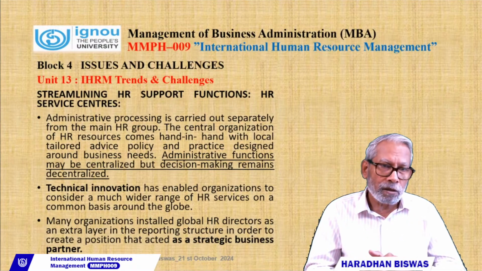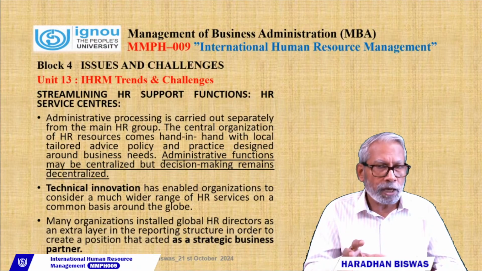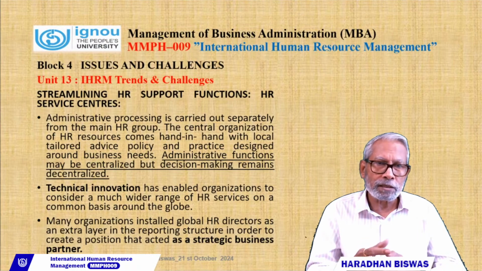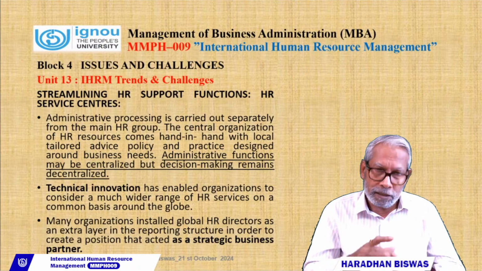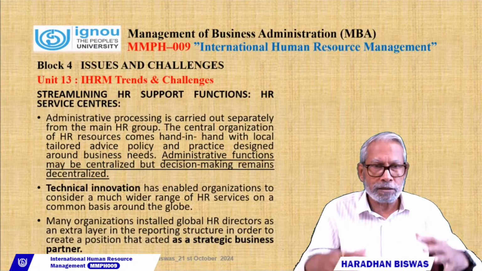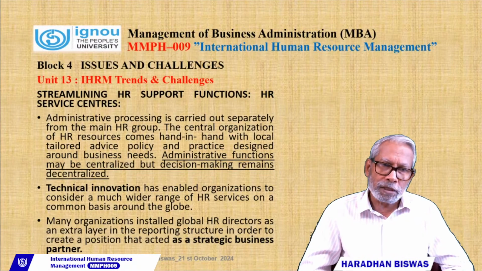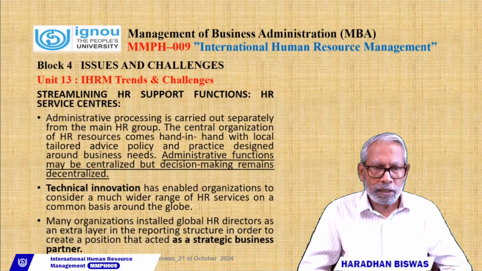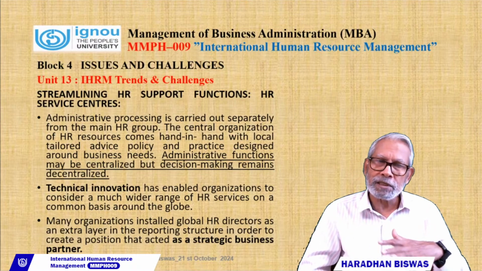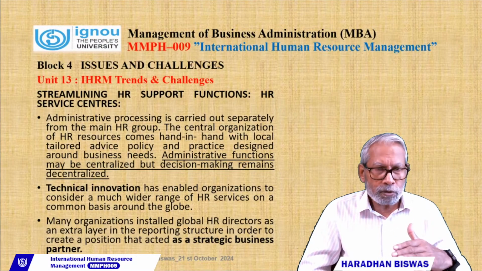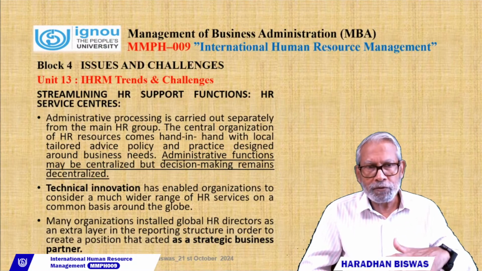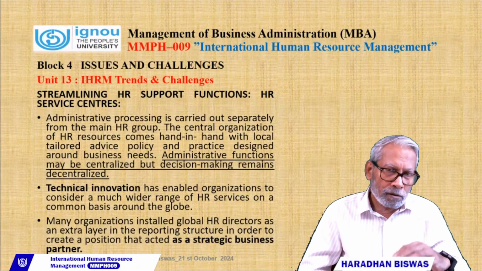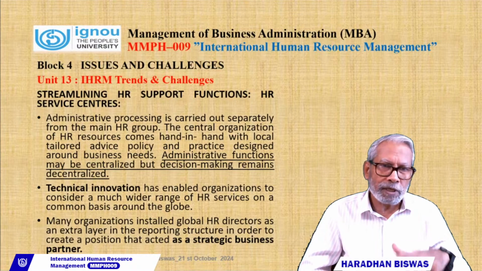He will see the directors or managers, general managers, or maybe they are directors. He will look after all these things. This is some sort of extra layer in the reporting structures, in order to create a position that acts as a strategic business partner. So they can overview all these things, what is going on, and where decisions are to be taken very meaningfully.